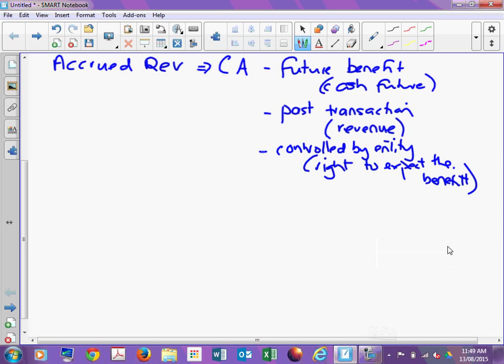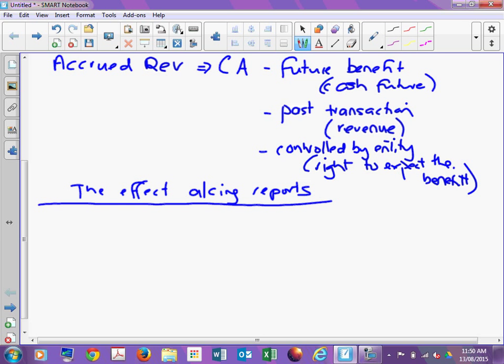The other thing they often ask you questions about is the effect on the accounting reports. So, there's always the 3 accounting reports we have to refer to. First one, statement of cash flow.